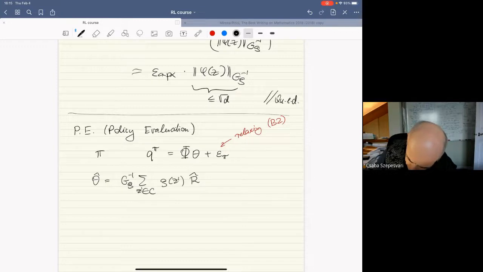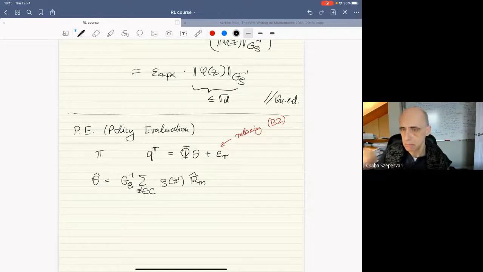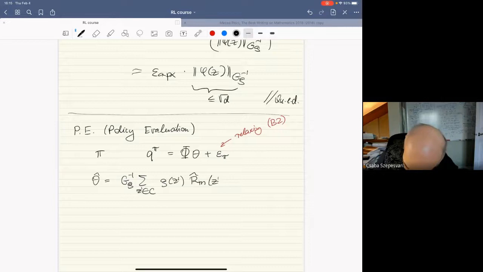And we're going to need to use the simulator to get some guesses at what the action values are, some estimates of the action values, and run least squares on these guesses.